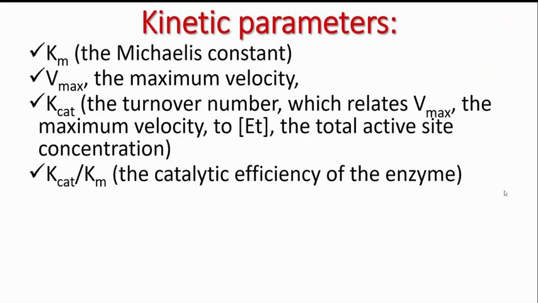Now, looking at the kinetic parameters, when we talk about enzymes, we talk about the Km, which is the Michaelis constant. We talk about the Vmax, which is the maximum velocity. We talk about the Kcat, which is the turnover number, which relates Vmax, the maximum velocity, to the total enzyme concentration or the total active site concentration.